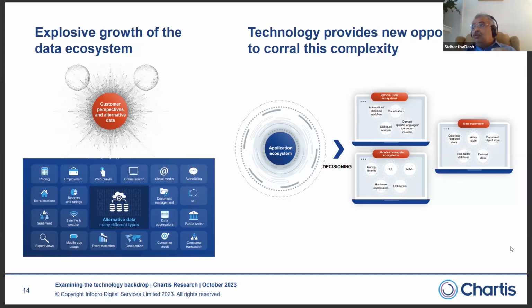How to decide which mix of all of this is your choice is a challenge for both vendors and financial institutions. But we think that the challenges of plenty are always better than the challenges of scarcity. And with that, I'll close.